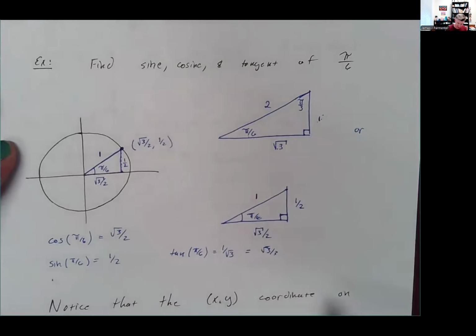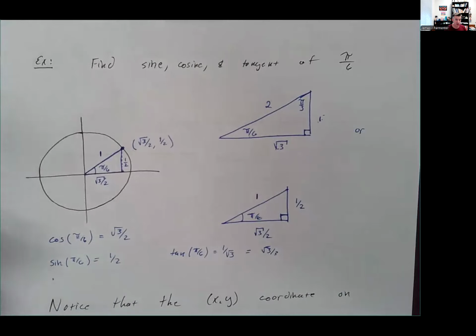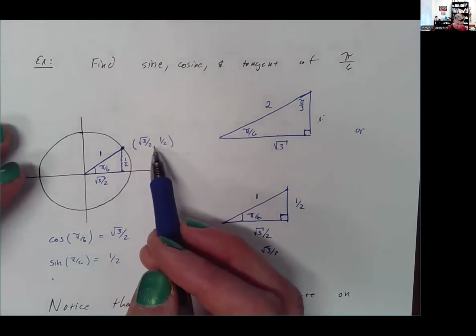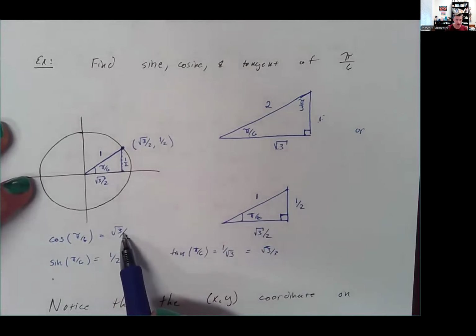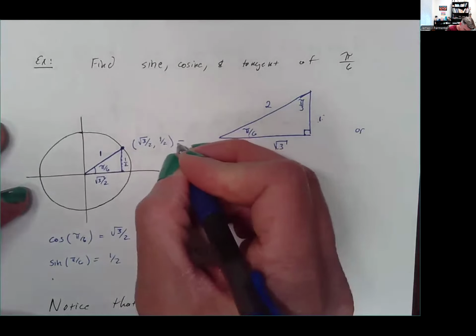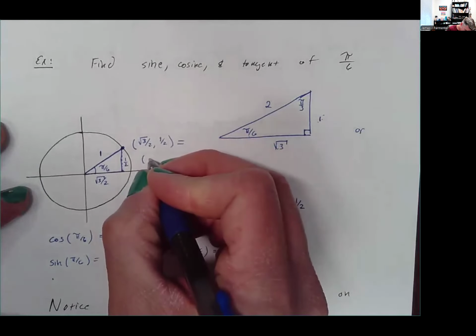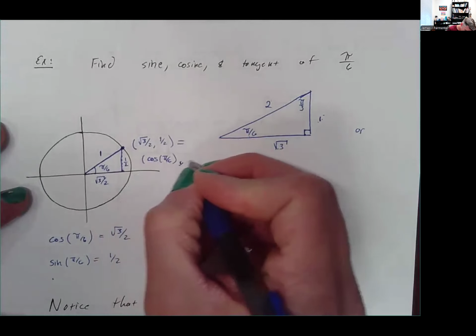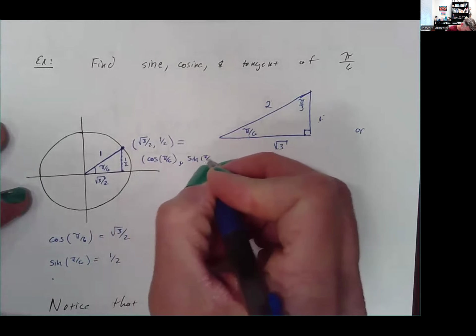What I really want you to see is that the xy coordinate here, the x coordinate really is just cosine of the angle, and the y coordinate really is just sine of the angle. So we could definitely think of this as being equal to the x coordinate of cosine of pi over 6 and the y coordinate of sine of pi over 6.